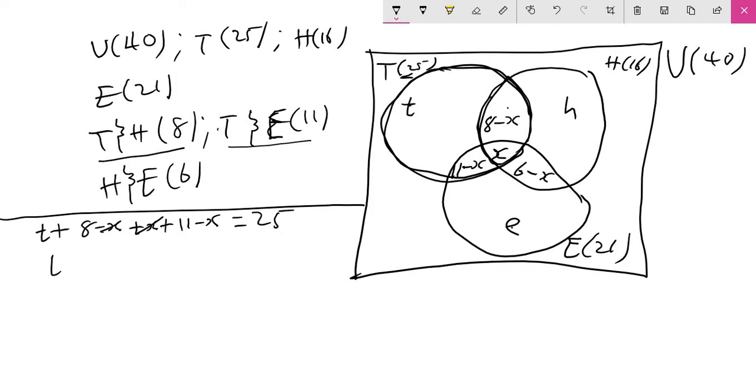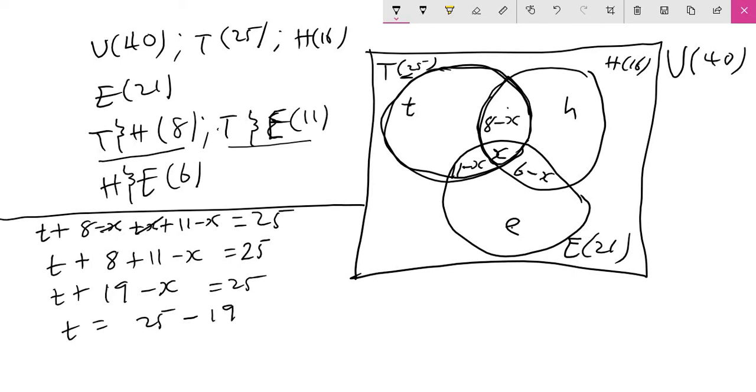So I can simplify this and get T plus 8 plus 11 minus X equals 25. 8 plus 11 gives 19, so T plus 19 minus X equals 25. So T will be 25 minus 19 plus X. So T is equal to 6 plus X. So this side is equal to 6 plus X.